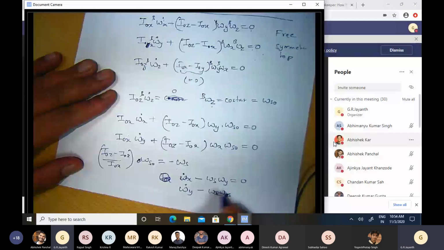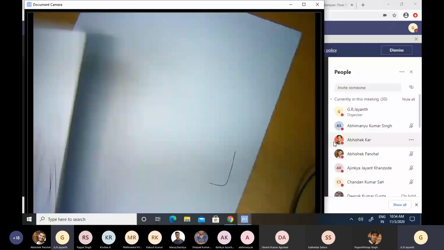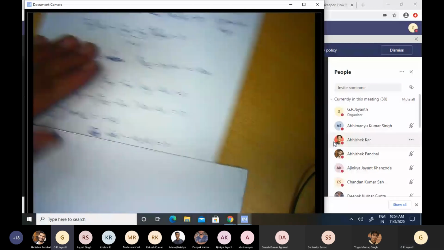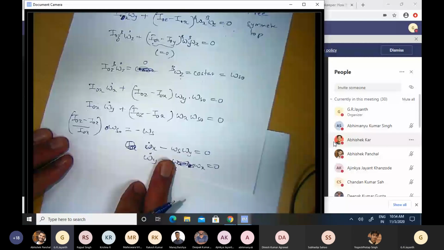If you simplify this, so is this step clear? Does anybody have questions about how I got here? Please raise your hands if you have questions. Okay, so this is clear.